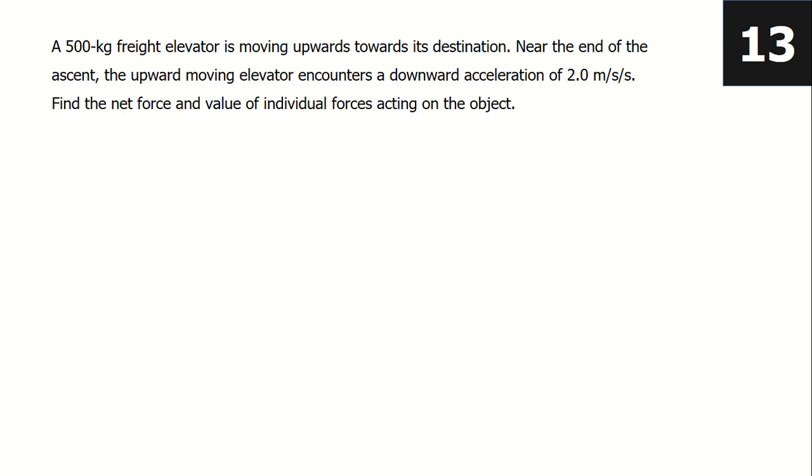Again, since we have an elevator, we're expecting tension to be present in the free body diagram. Since there is an acceleration, I should be able to compute a net force. My net force should not be equal to 0. So this is my free body diagram.